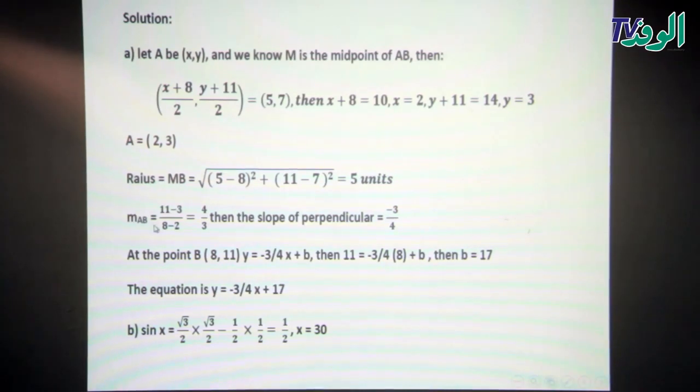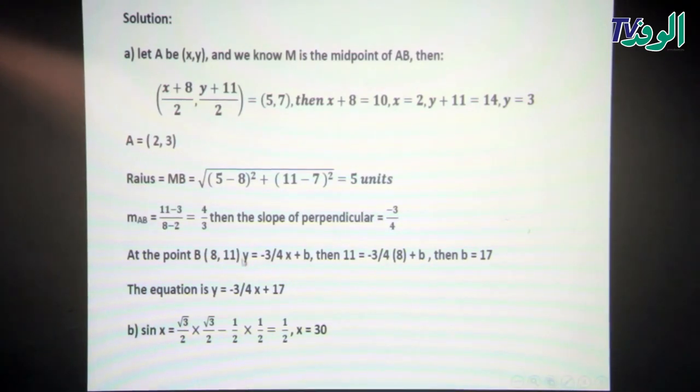So slope of AB is y2 minus y1 11 minus 3 over 8 minus 2 لأن السلوب طلع 4 over 3. طيب بس أنا مش عايز ال AB نفسه، أنا عايز ال perpendicular يبقى negative 3 over 4 لأن in case of perpendicular we flip and we change the sign to get the other slope. كده بقى عندنا السلوب negative 3 over 4 فالإيكويشن هتبقى y equal negative 3 over 4x plus b using the coordinates of b which is 8 and 11.